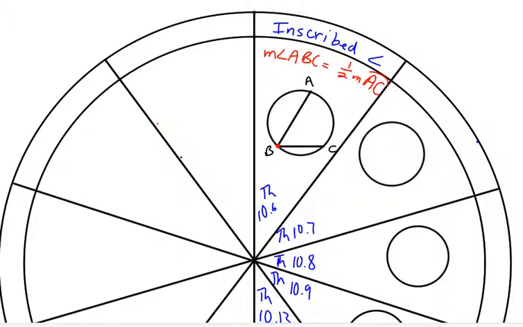And of course, if you phrase that the other way, we can pretty easily get measure of angle ABC times 2 is equal to the arc. The angle's half the arc, the arc is twice the angle. Again, we're talking inscribed angle here and the intercepted arc.